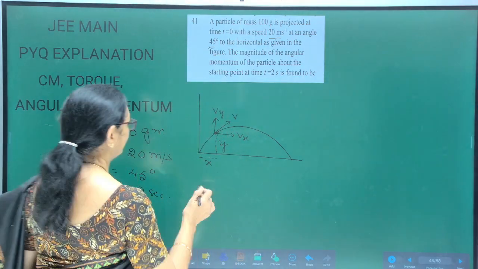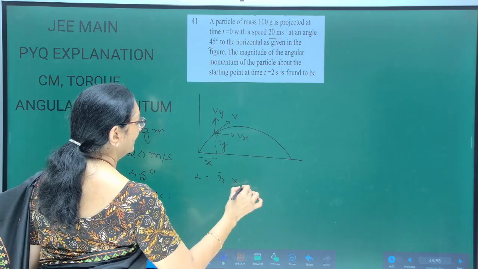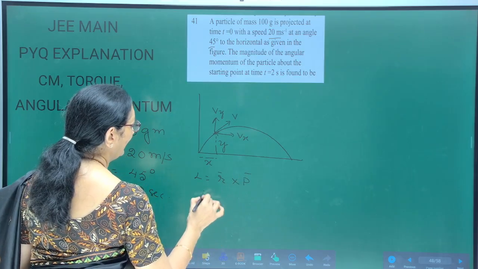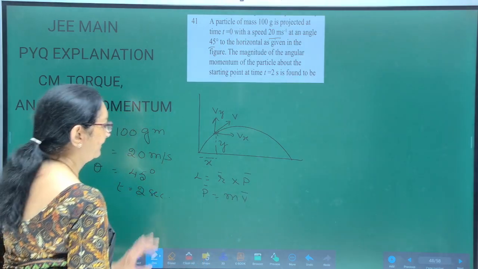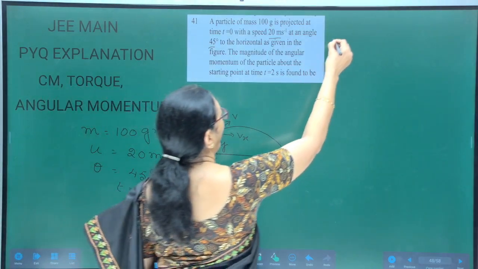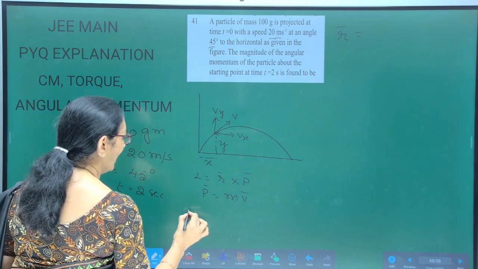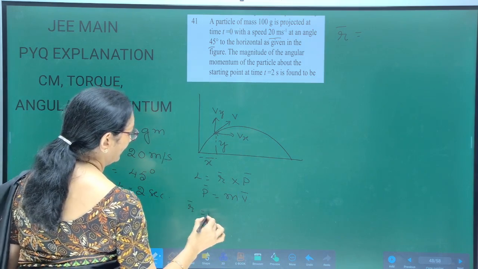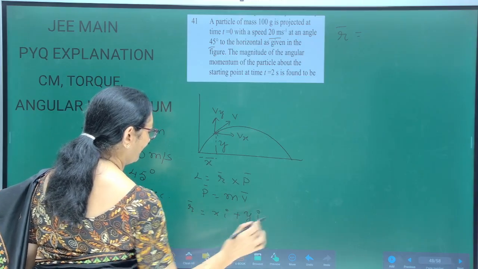See here, we know angular momentum is r bar cross p bar, where p bar is equal to m v bar. So, first we need to find out the position vector. So, r bar we have to find out. r bar is equal to x i bar plus y j bar.